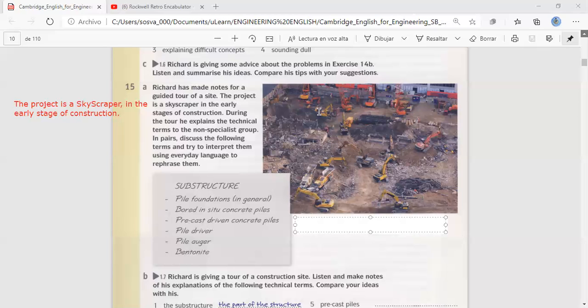But the pile driver is the machine that, as it says, makes the pile. It makes the hole into the ground. It's like a big drill. You might remember the big drill. Yes, the big drill. So that's a pile driver.